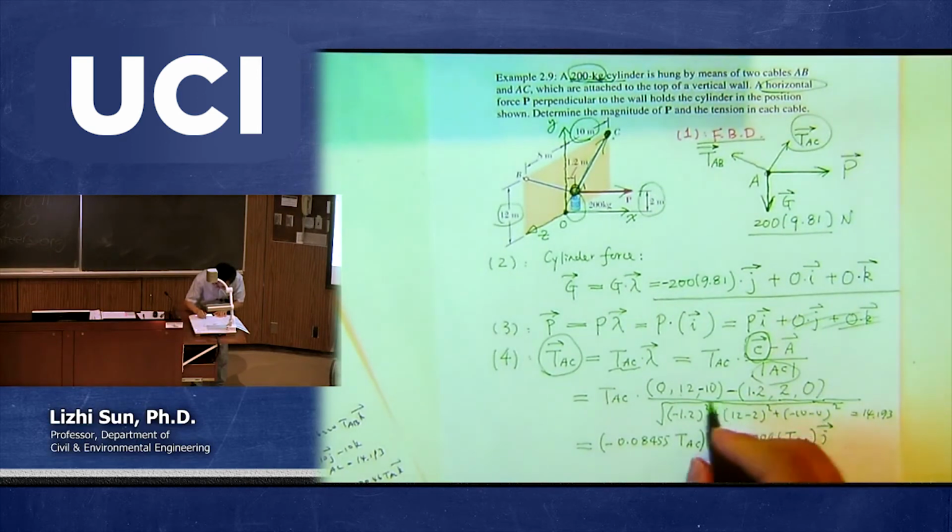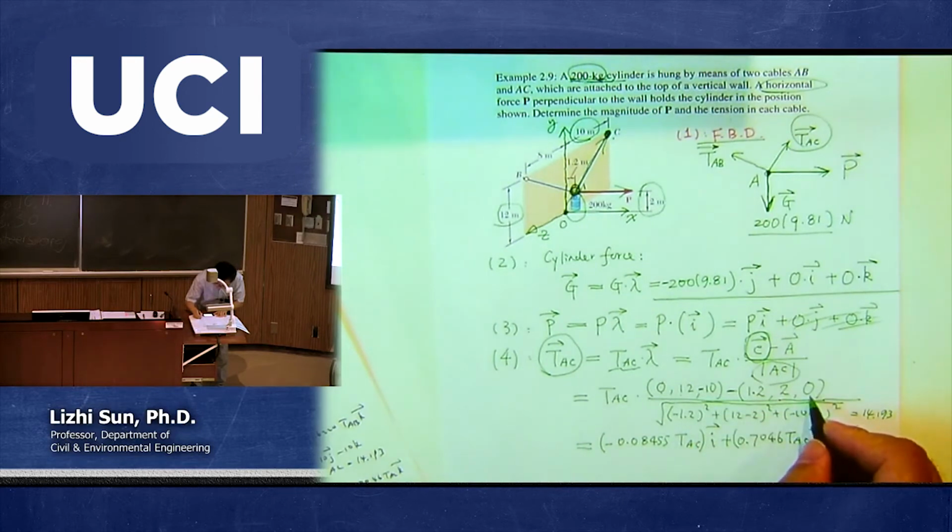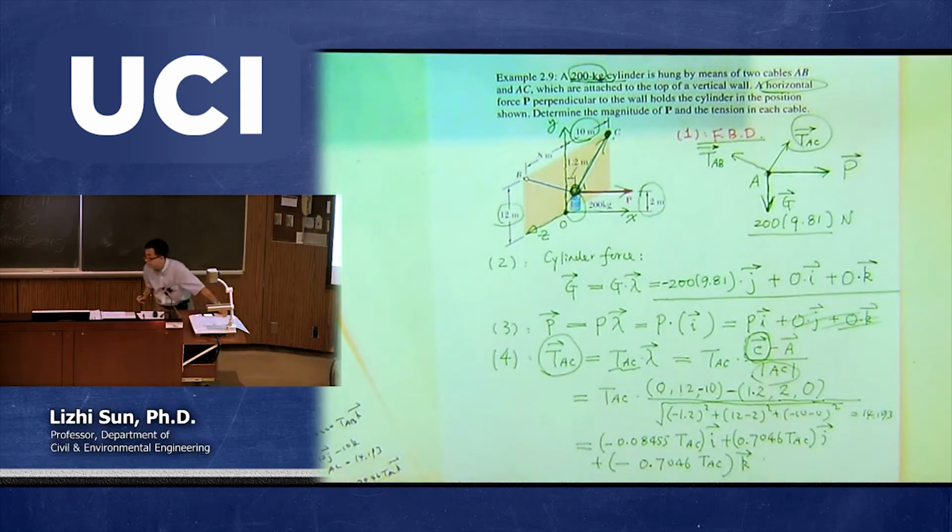And then the z component, minus 10 minus 0, that's still minus 10. So that's going to be minus 0.7046 TAC, or I say plus, but it's a minus sign inside, and the k. Any questions? This is a standard now, right? Because the cable direction is kind of normal.